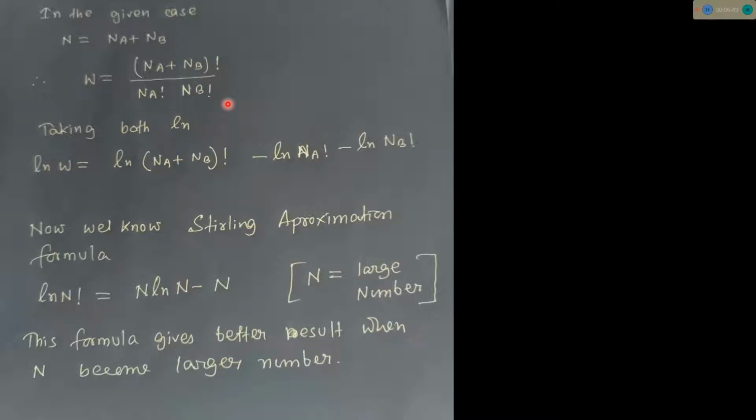Now if we take ln on both sides, then ln W equals ln (Na plus Nb) factorial minus ln Na factorial minus ln Nb factorial. Now we have to keep in mind one formula, called the Stirling approximation formula.